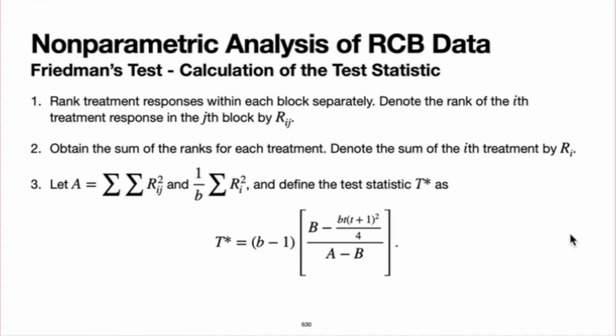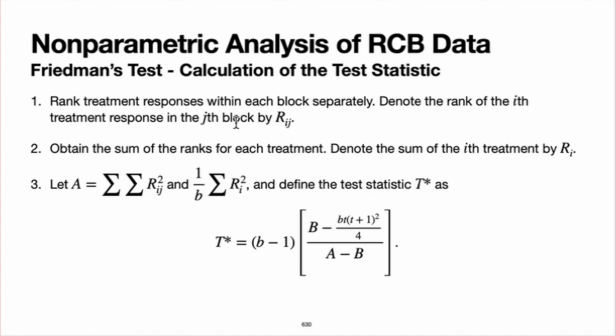Okay, so here's the slide with the test statistic. How do we go about calculating the value of the test statistic? Well, the first step is to rank the treatment responses within each block separately. So we're not going to combine the observations into one common sample. We're going to keep the observations in their separate blocks, and within each block, we're going to rank the observations. And we handle ties in the way that we usually do.